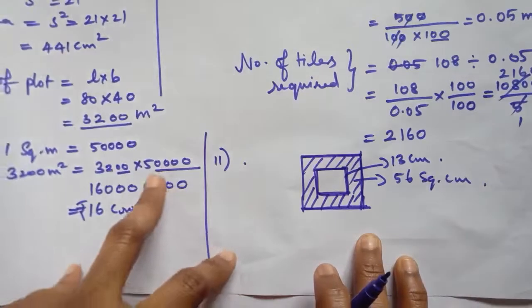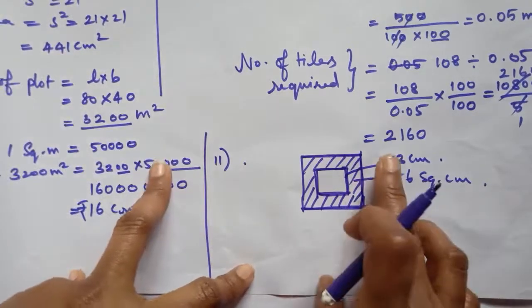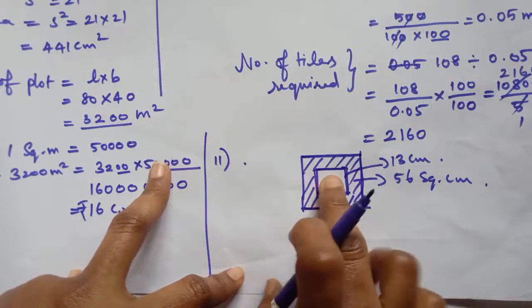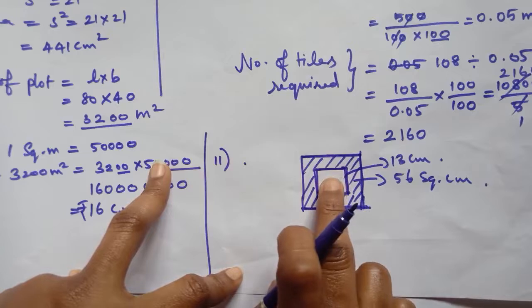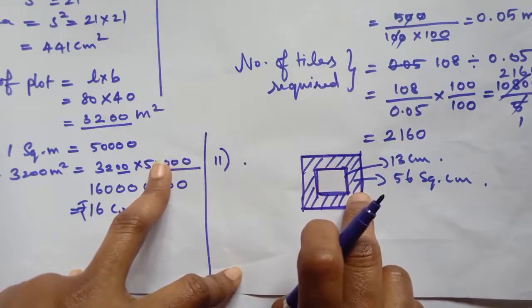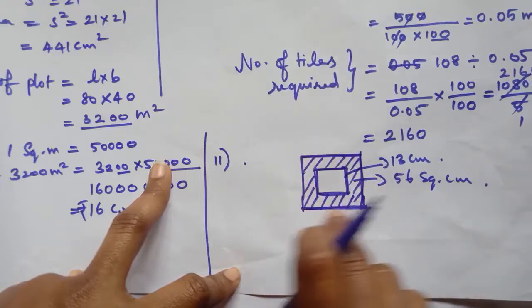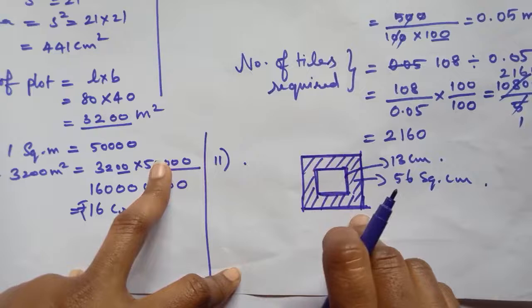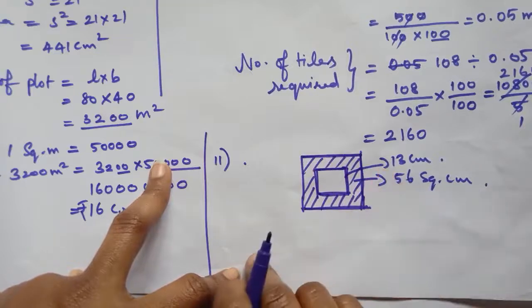Students, listen. First you should find the area of this one, and then you should add this area and this area. Then you can get the area of the larger square, and then you can find the side of the larger square.